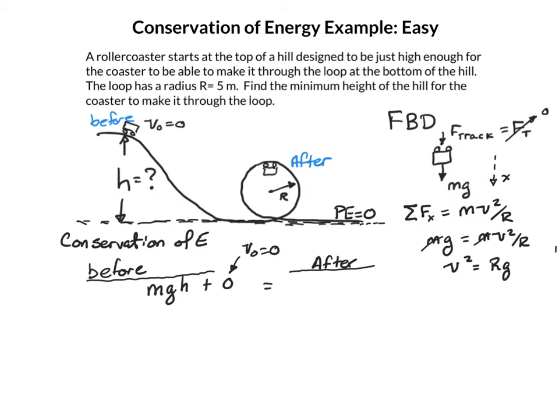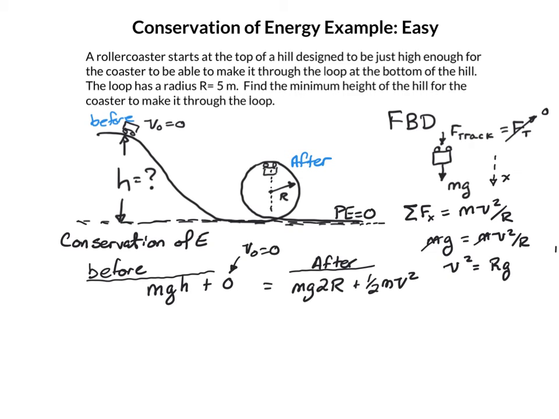In the after case, I've got mg2r, because that's the distance that the coaster is from my reference point. So that's the gravity term, plus 1/2 mv squared.